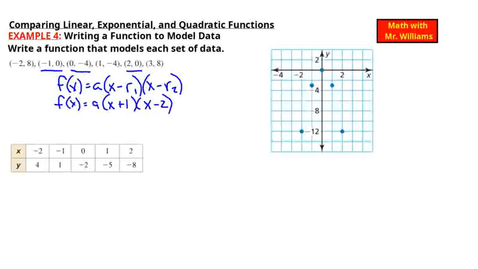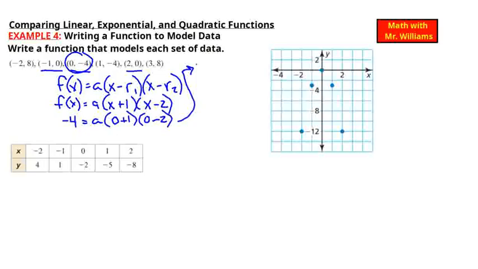Now using our y-intercept, we're going to go ahead and plug in our numbers, giving us -4 for the f of x equals a times, in this case, 0 plus 1 and 0 minus 2.